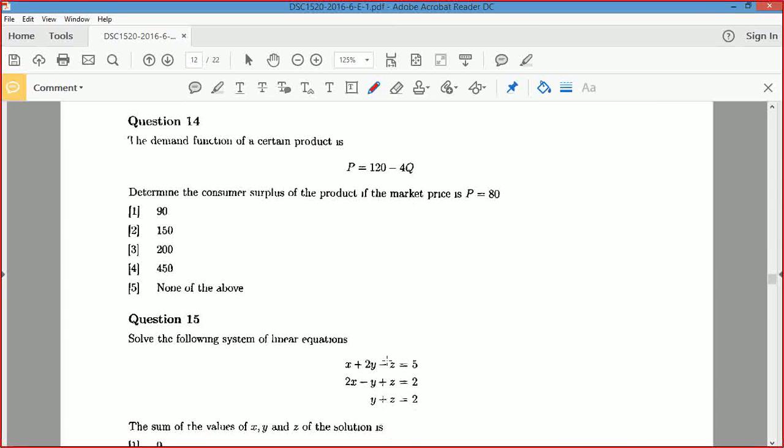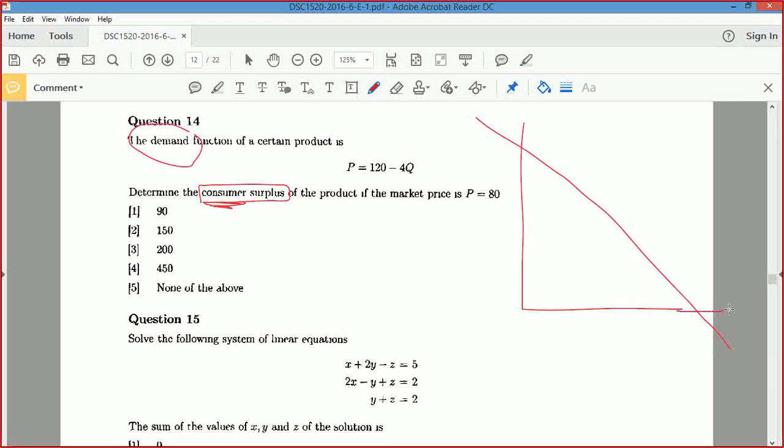Okay. Question 14, focus. The demand function. You have to determine the consumer surplus. Do you remember how to do that? No. Okay, demand function, consumer surplus. You're looking at the area under the graph. Oh, okay.